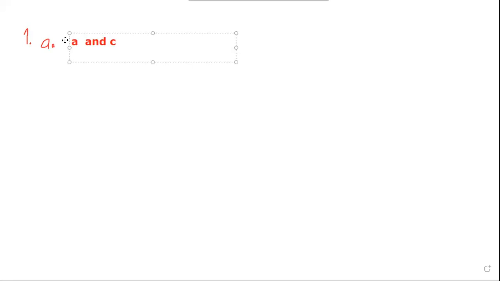And the other one, B, is opposite to D. So B and D are opposite angles. That is the answer for letter A. Letter B, you answer on your own. Again, letter B, your time to answer.